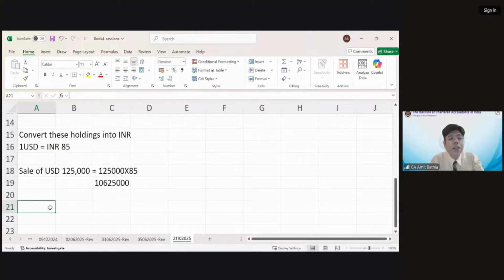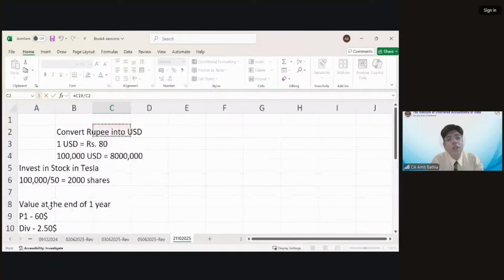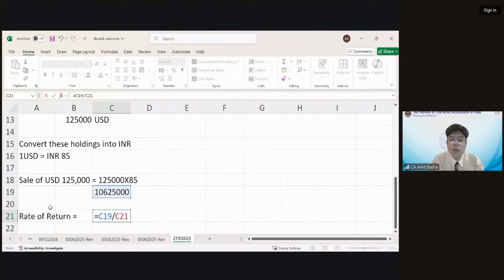And now I can calculate the rate of return, which is 1 crore divided by the original investment, which is 80 lakhs, right? So I will say essentially 1 crore divided by 80 lakhs into 100.